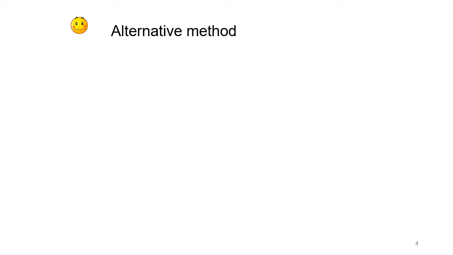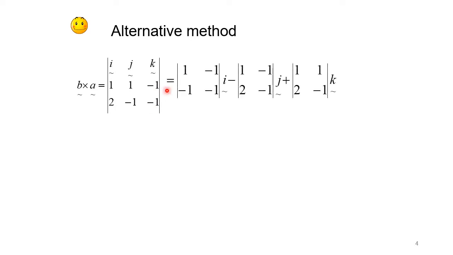Actually, there is another way to find out. First we find the cross product BA. So we switch places between B and A. The second row will be vector B and the third row will be vector A. Then we get negative 2i minus j minus 3k. If we factor out the negative, inside here all will be positive.